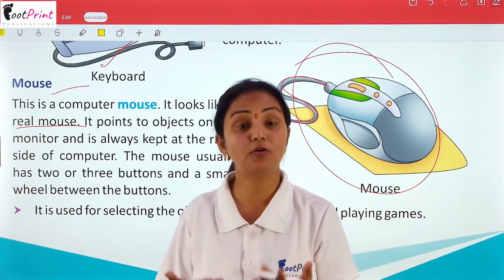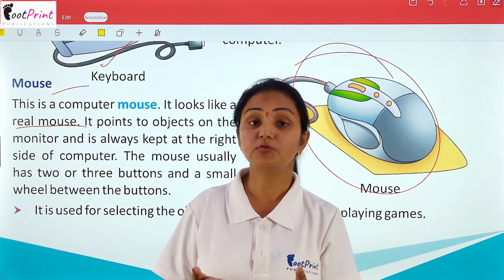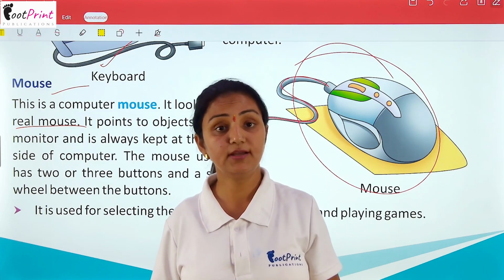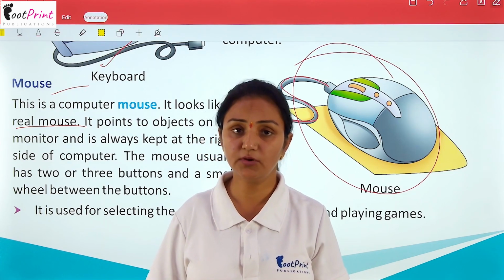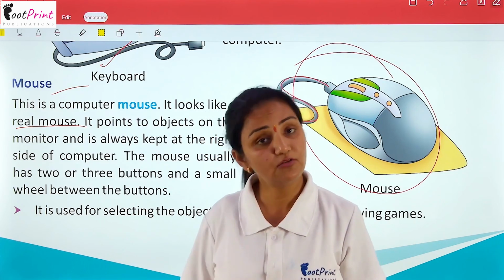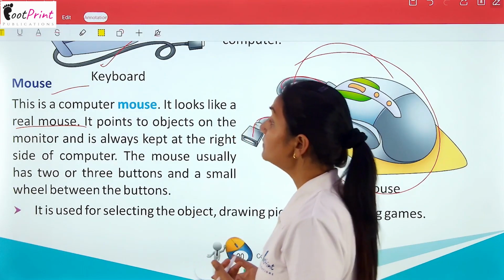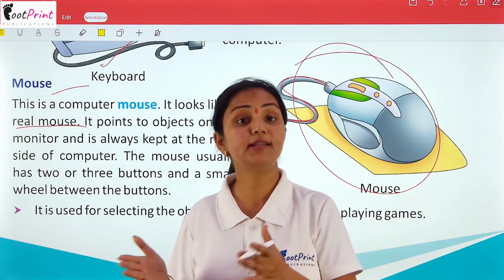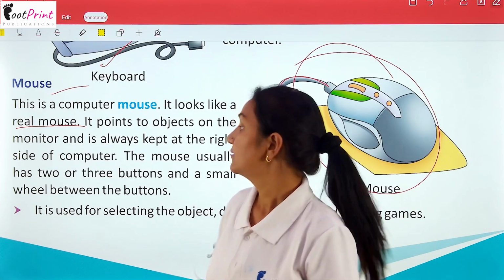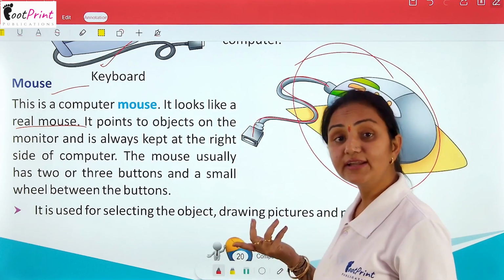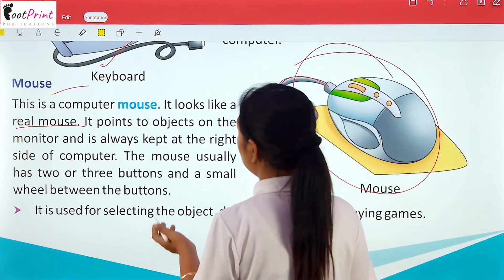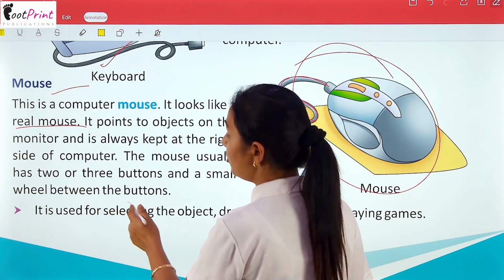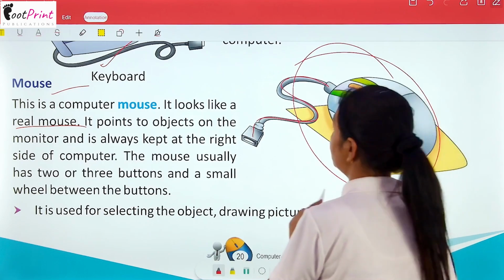The mouse is used in the computer for pointing, making selections, drawing, and so many other works. As you work on the computer, you will come to know. We always keep it on the right side of the monitor, because we work with our right hand only. That's why the mouse usually has 2 or 3 buttons and a small wheel between the buttons.